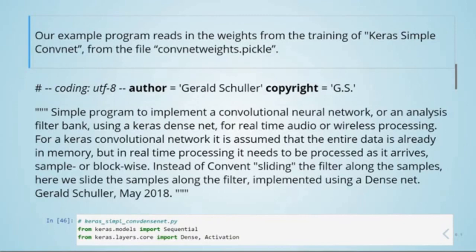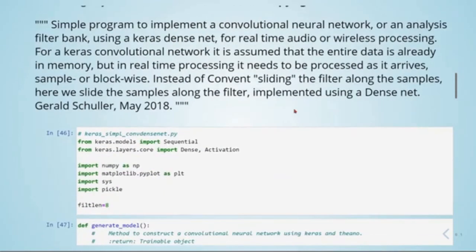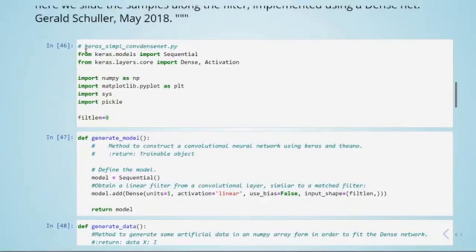As we said before, for a Keras convolutional network, it is assumed that the entire data is already in memory, but in real-time processing, it needs to be processed as it arrives, sample-based or block-based. And instead of the convolutional network sliding the filter along the samples, here we slide the samples along the filter.